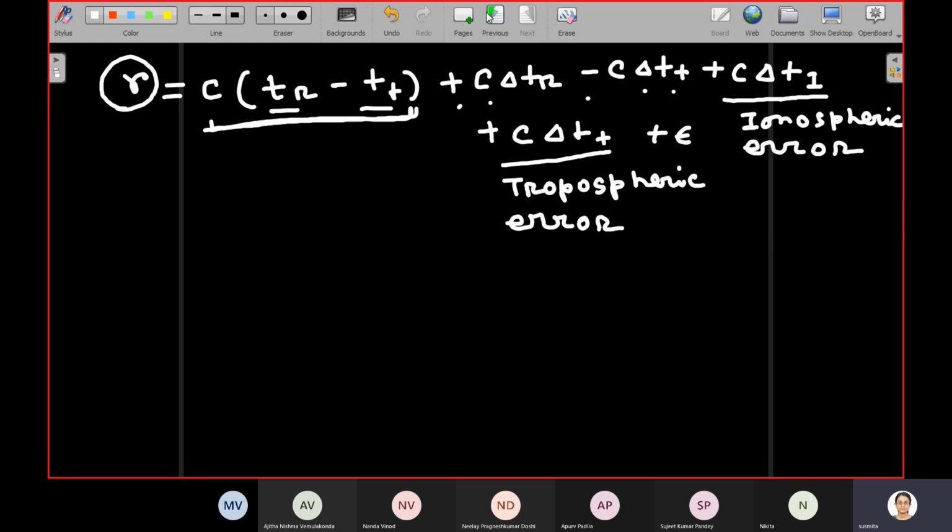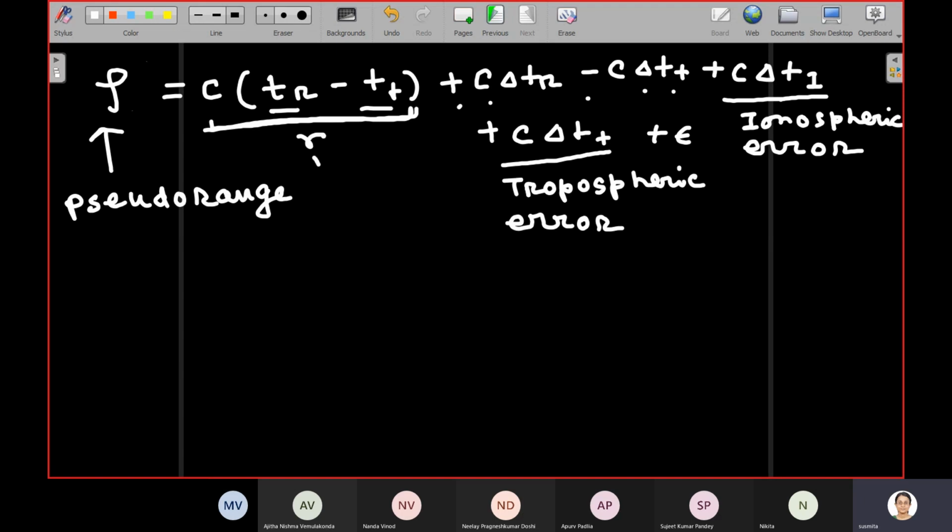To represent that properly, the convention is to call it pseudo range. If we are measuring range plus errors, we call it pseudo range, and R we use to denote true range.